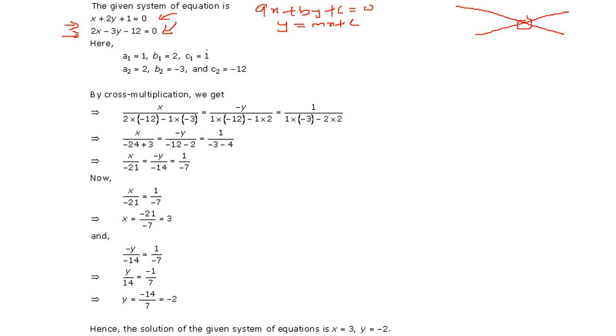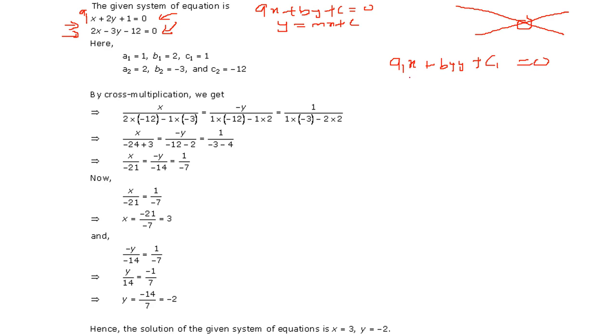This is cross multiplication. So here, what is the coefficient of x? This is 1, so this is your a1. Let me write it like this. The first equation is a1x plus b1y plus c1 equal to 0.